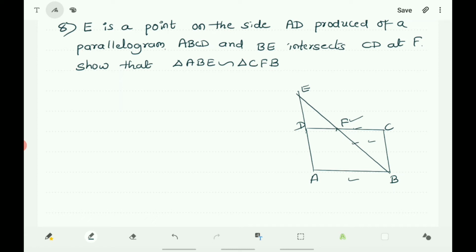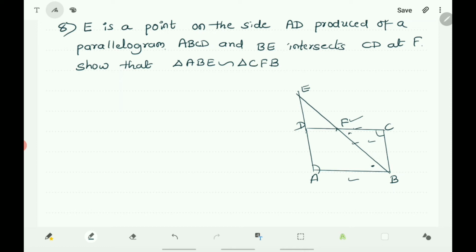Here you take the help of the property of the parallelogram. You know that in a parallelogram opposite angles are equal, so angle A is equal to angle C. If you take triangle ABE and triangle CFB, angle A is equal to angle C. Also angle ABE and angle CFB are alternate angles.